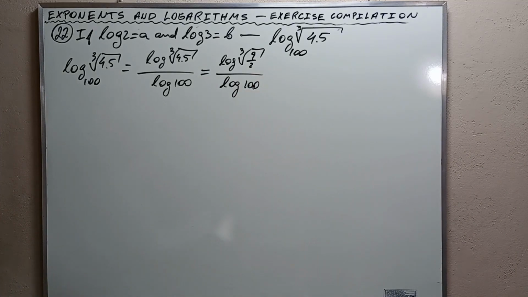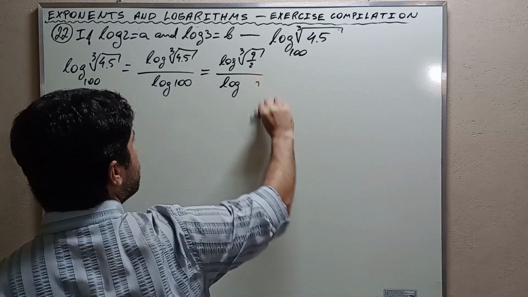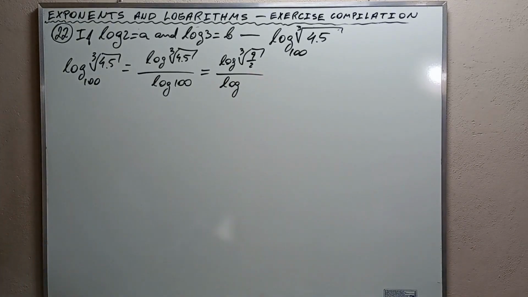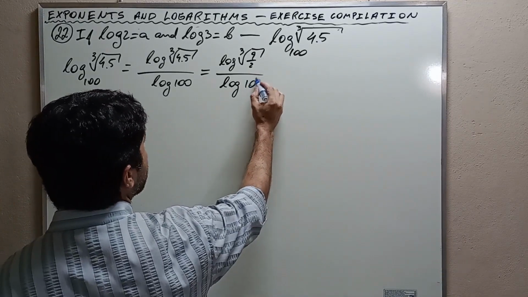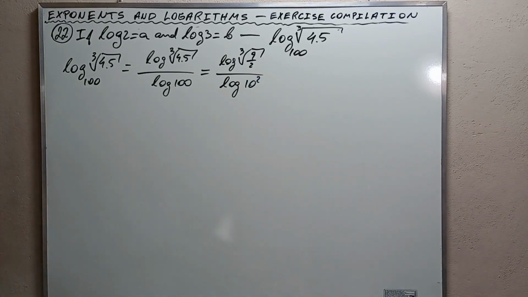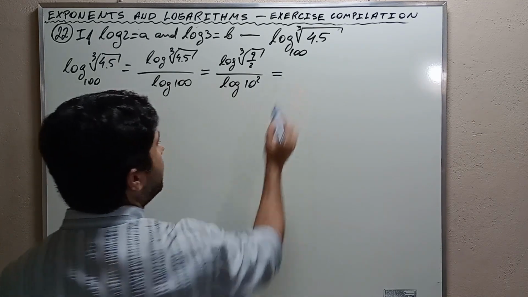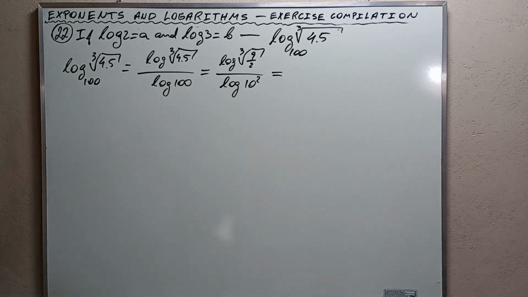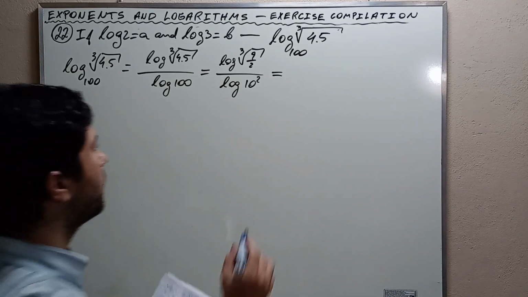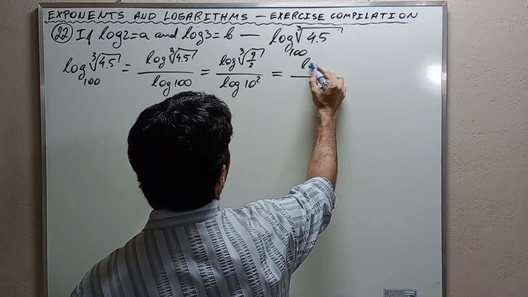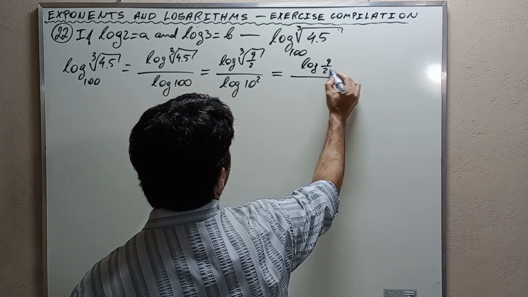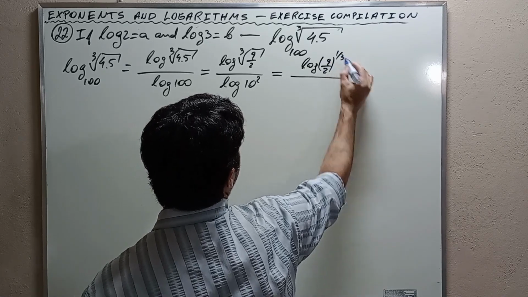But 100 is 10 squared. We can use 10 squared here rather than 100. And observe also that the cube root is equal to raising a number to the power of 1/3. It's the logarithm of 9/2 raised to the power of 1/3.